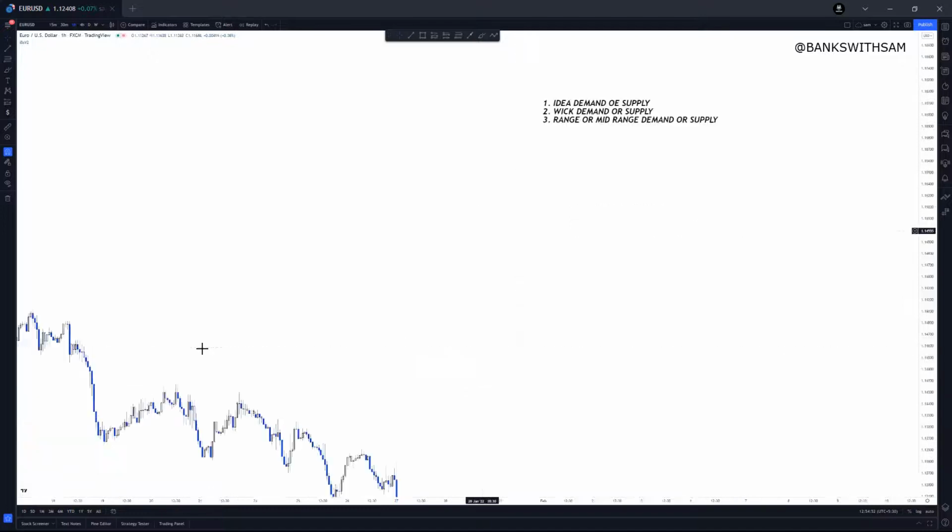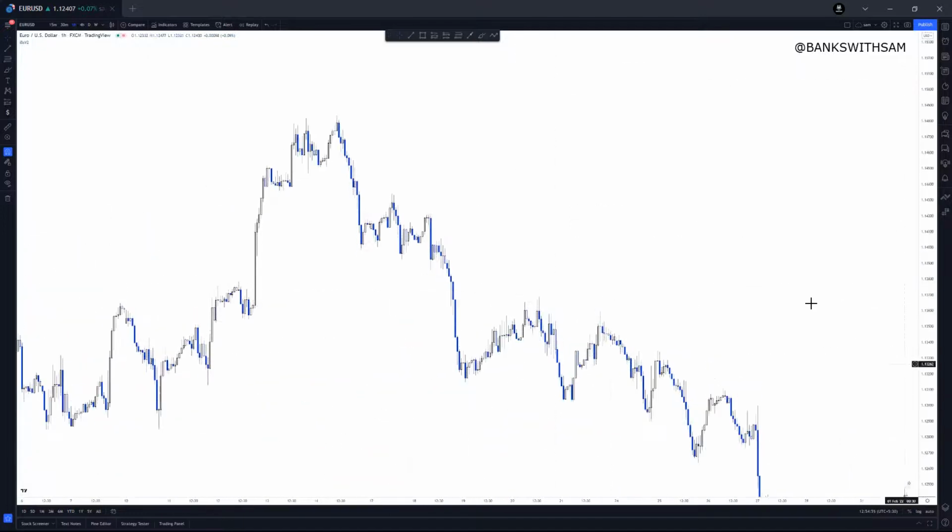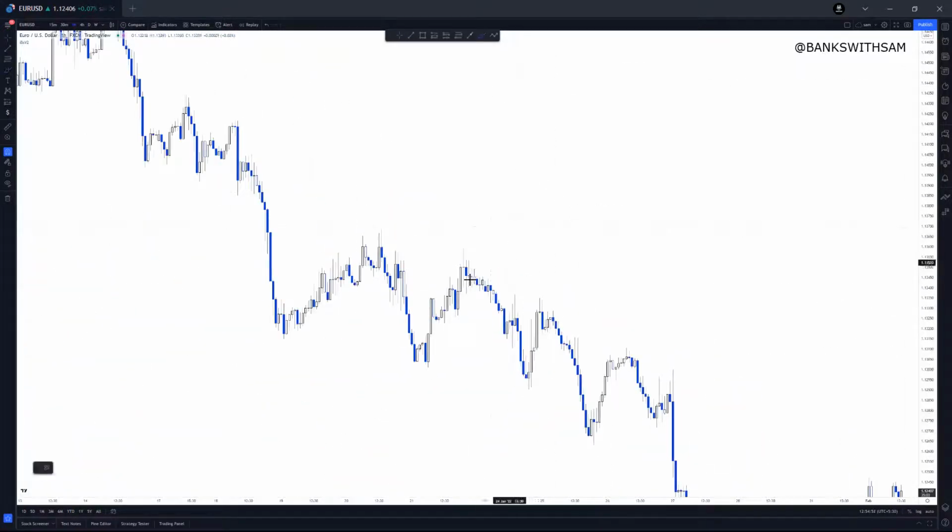As you can see here, this is efficiency. There is a higher high, higher low, higher high, higher low, then a lower low, and so on.